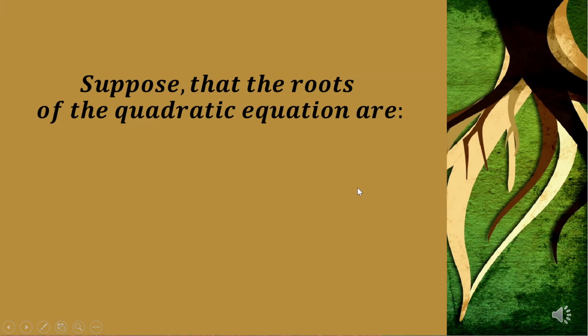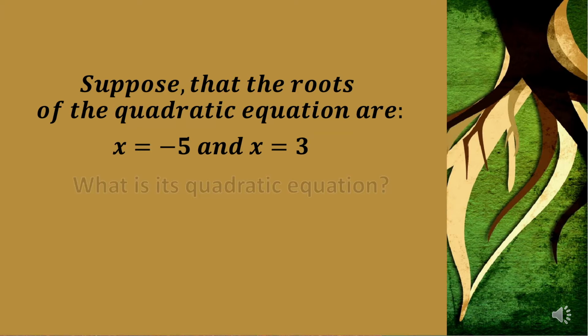Suppose you know that the two solutions of a quadratic equation are x equals -5 and x equals 3, and you want to find a quadratic equation having these roots. In order to find the quadratic equation, we will work backwards.